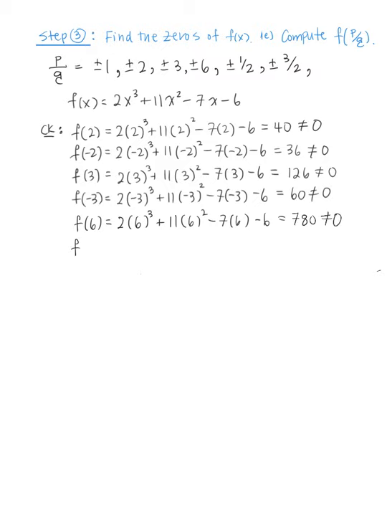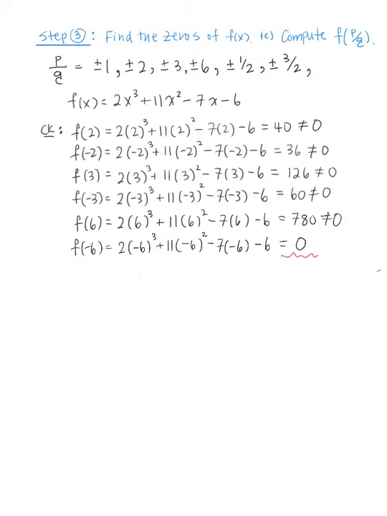All right, let's go. f of negative 6. We have 2 times negative 6 cubed plus 11 times negative 6 squared minus 7 times negative 6 and then minus 6. Let's compute that. Oh my gosh, we got a 0. We have a winner! That's a good sign.